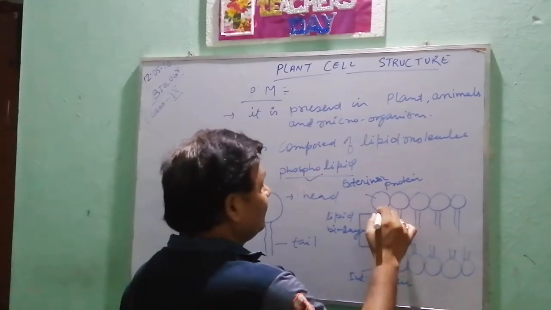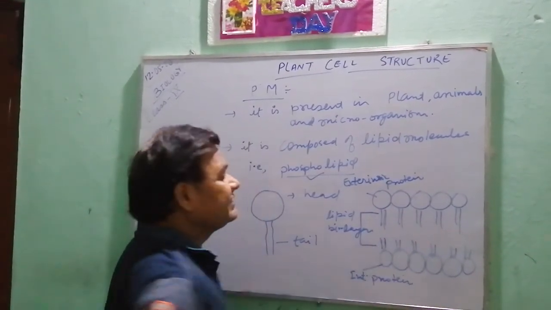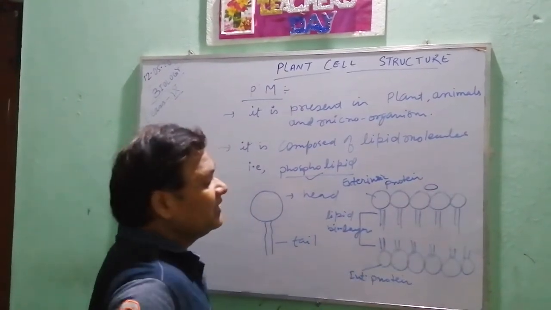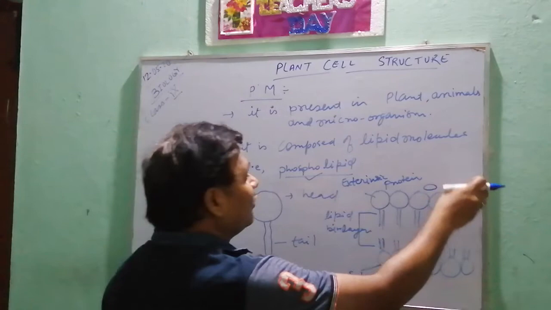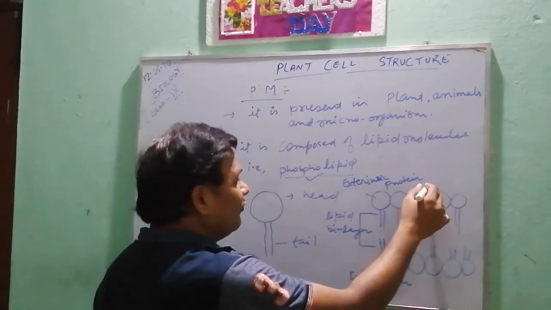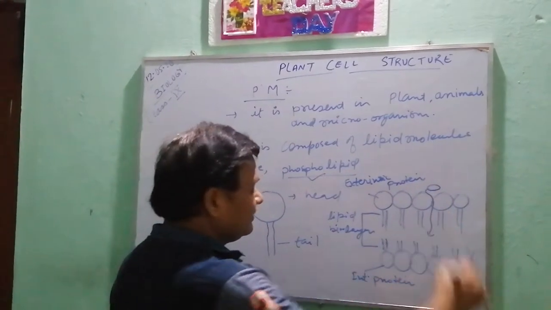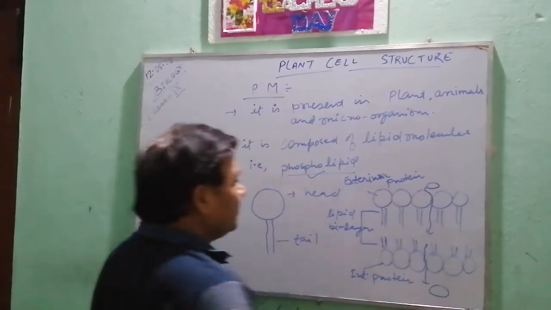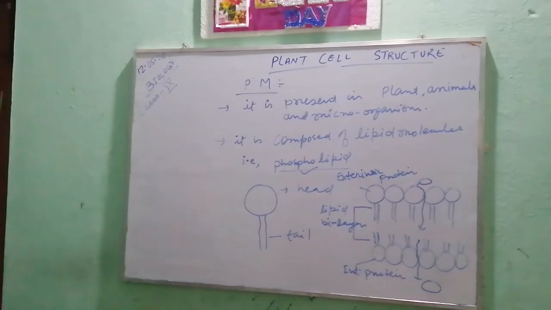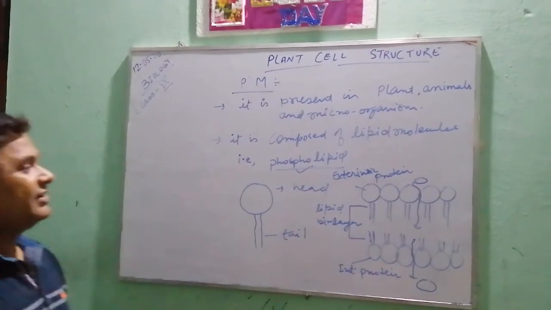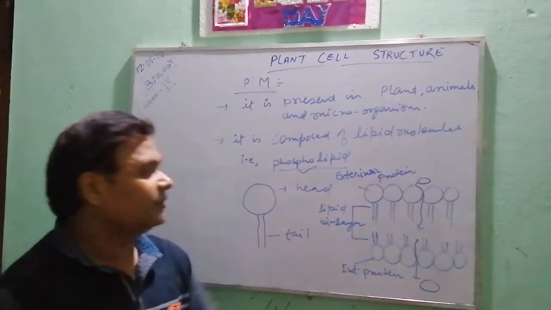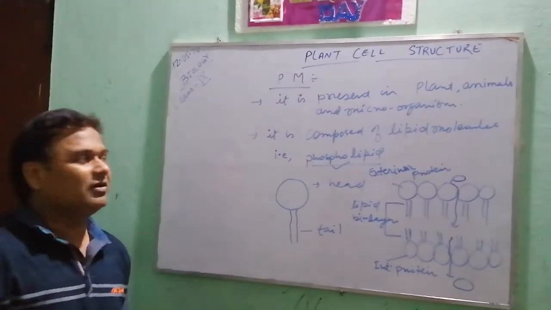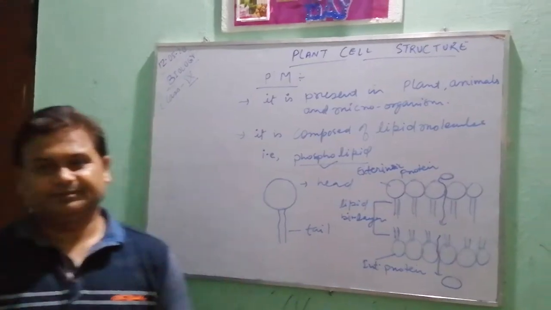That means two layers. Proteins are present inside and outside, and they move across the cell, which gives permeability to enter from the outside to the inside of the cell. This action of the PM is called selective permeability. Note down.